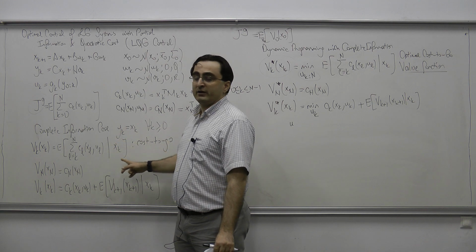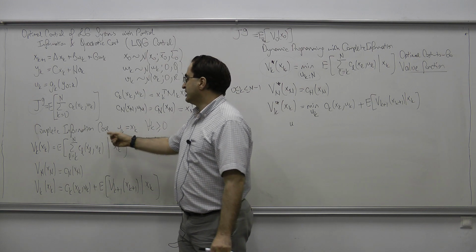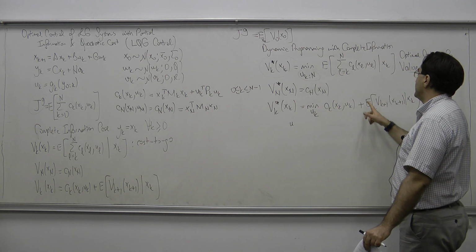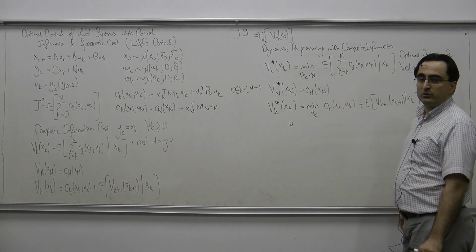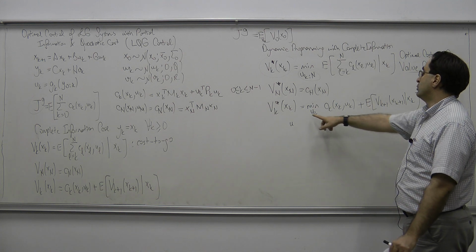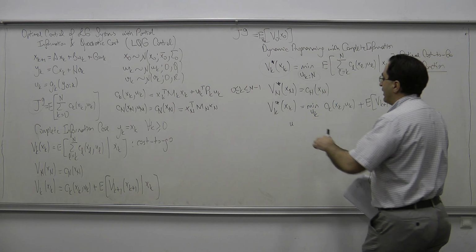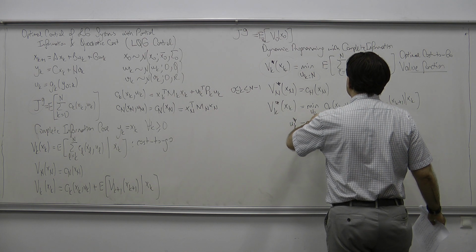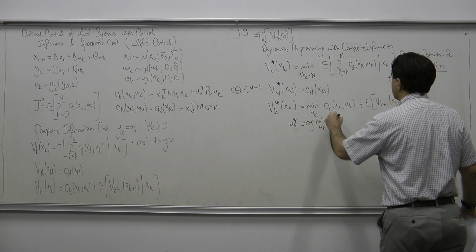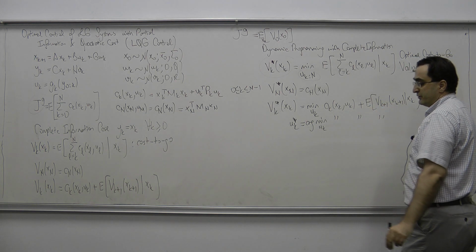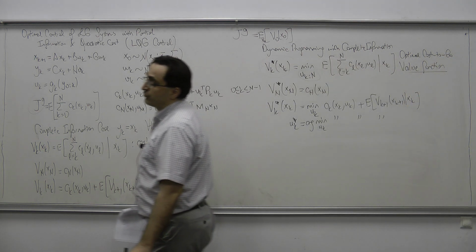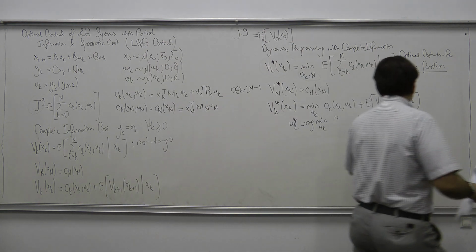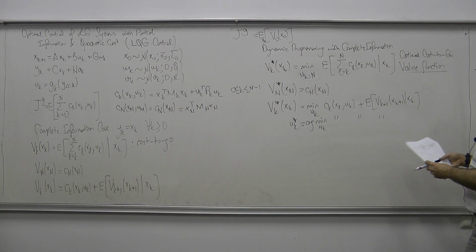Whatever I put into the given condition, the input that I find at the end turns out to be a function of that given condition. So the uk star is the argument of the minimization with respect to uk of the same thing, and it turns out to be a function, gk, of the state xk, the given condition here.